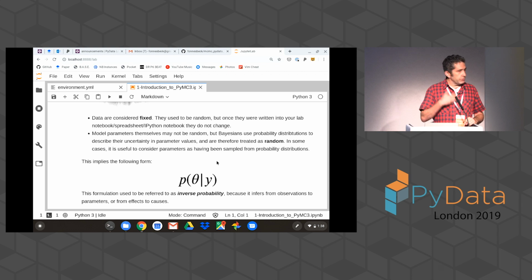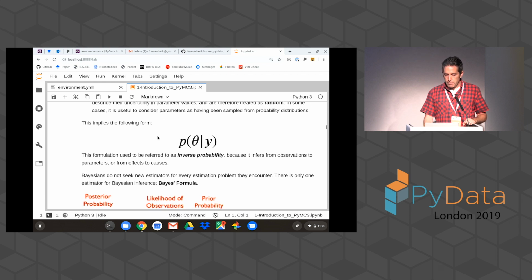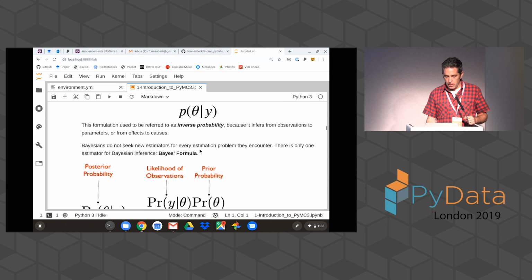The model parameters or any sort of unknowns that you're interested in, they may not be random, they may be fixed in principle, but what we do is we use probability to characterize our uncertainty in those values. So they're sort of random in that sense, in that we don't know the values of them. And so this is the same quantity that I showed you above, probability of the unknowns given the data. And so sometimes more in the past, Bayesian inference is referred to as inverse probability because you're reasoning from observations to parameters or from effects to causes.